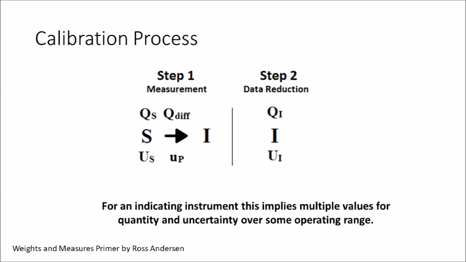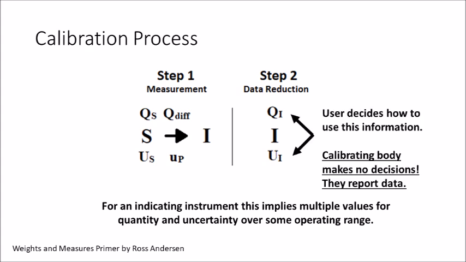The critical thing here is for a calibration of an indicating instrument, let's say a tape measure or a meter, this would imply multiple values for quantity and uncertainty over some operating range. But the critical thing about calibration many people miss is that the user decides how to use this information. The calibrating body makes no decisions.